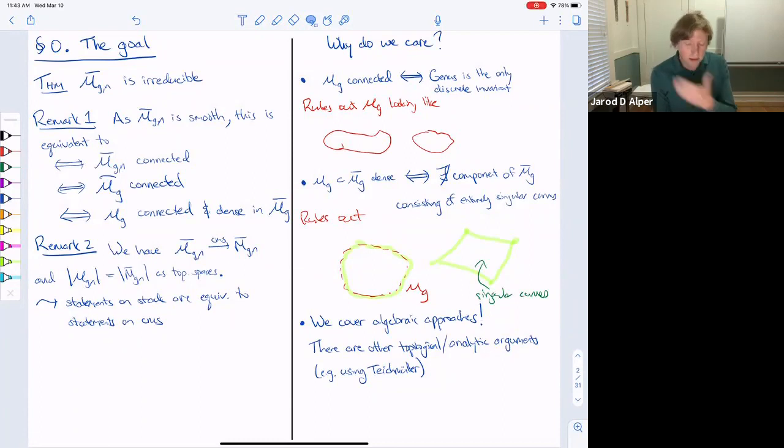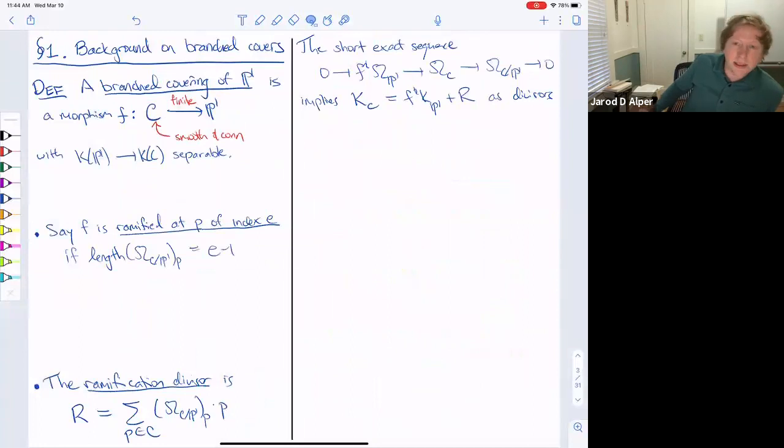You can also use Teichmuller space, for instance, to get at the irreducibility. But an important ingredient in a number of these arguments is the theory of branch covers. So the first component of this lecture is going to be an introduction to branch covers.